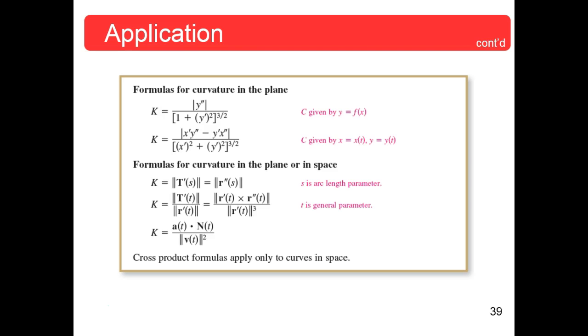Or, if this is easier for you to do, kappa is the acceleration vector dotted with the unit normal vector, and that would give you the total acceleration in the direction of the unit normal vector, which always points to the interior. And by the way, a dot product is a scalar quantity, divided by the velocity squared.